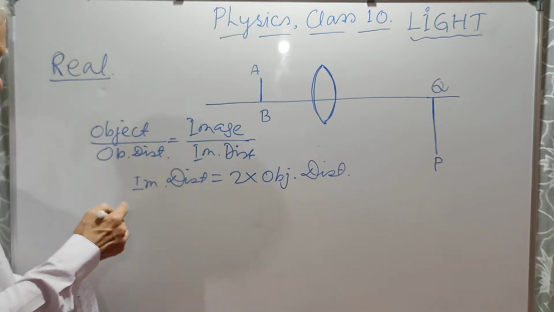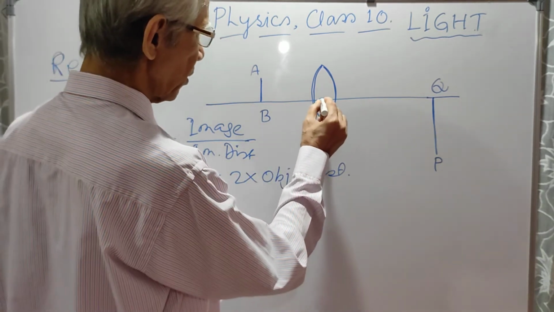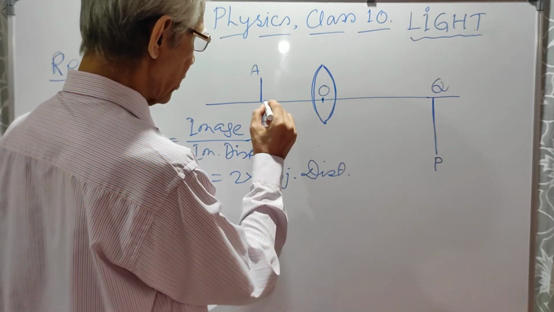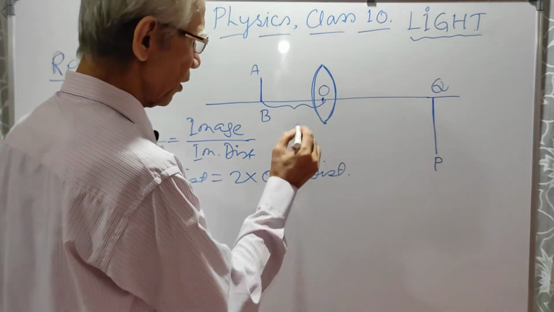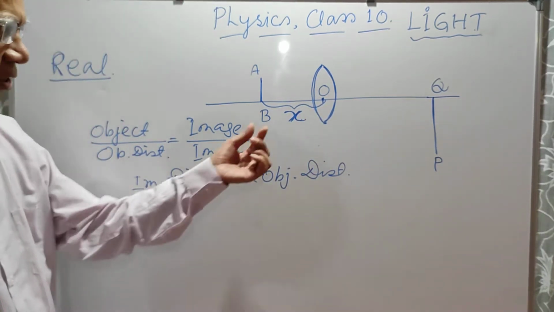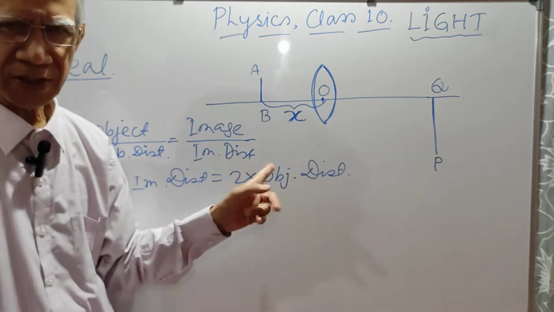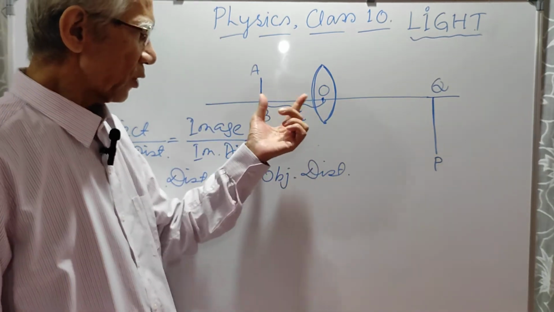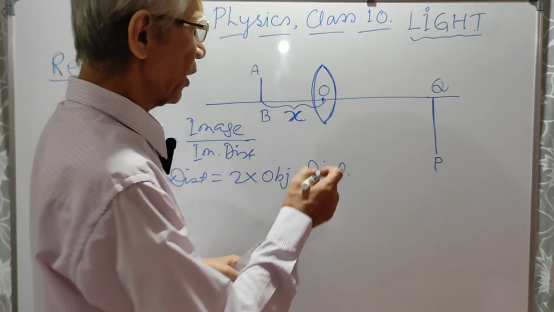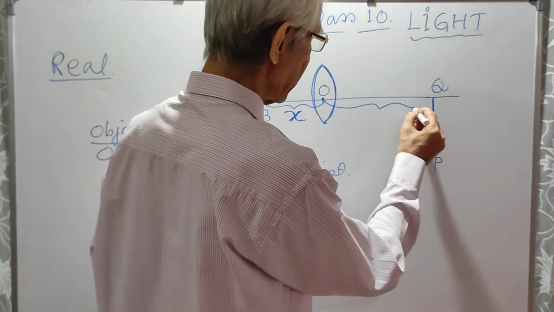Now suppose this is the object, this is the optical center, so this is the object distance. Now let us say it is x. Now x is a numerical value, we are not considering sign here, just the numerical value. So suppose x is the numerical value of the object distance, therefore this distance will be twice x.